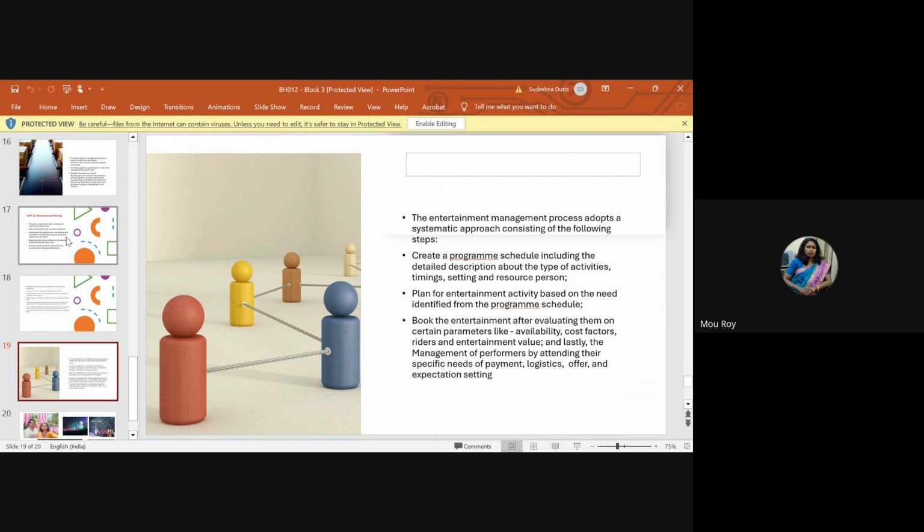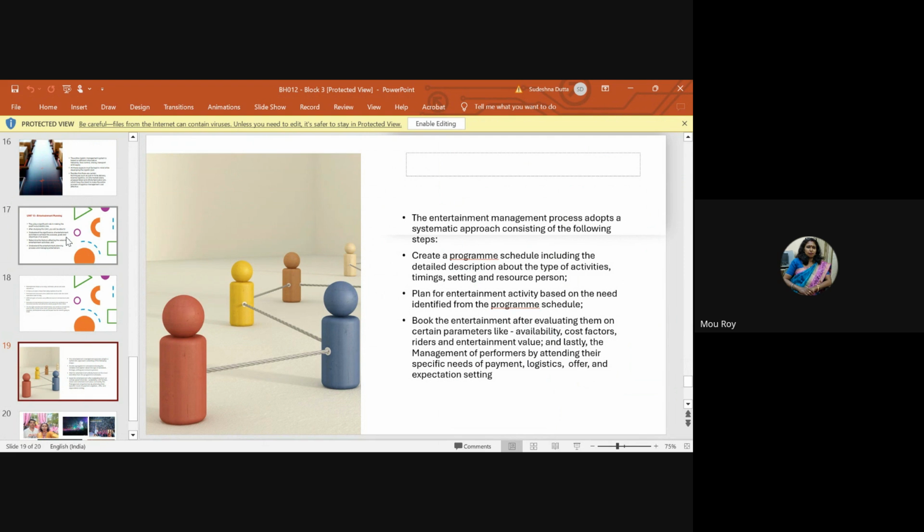Now, the entertainment management process adopts a systematic approach consisting of the following steps. It has to be very systematic, very organized, very customized. This is very much necessary. Create a program schedule, including a detailed description of the type of activities, timings, settings, and the resource person.